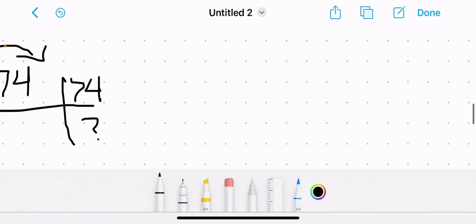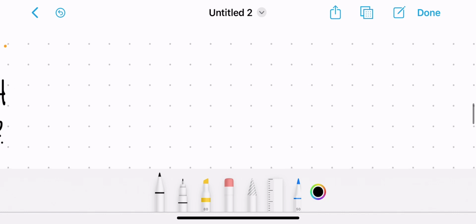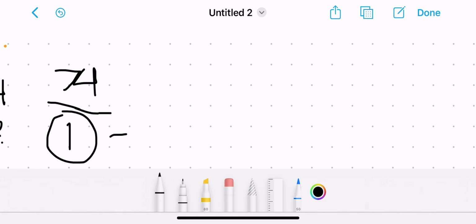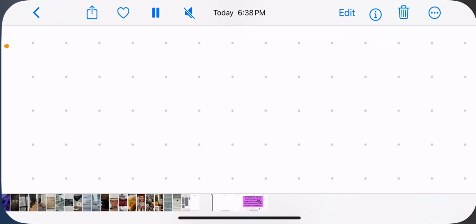Another way that you could think of this problem is by picturing that 74 has a denominator of 1. If a number has a denominator of 1, that means it's a whole number.